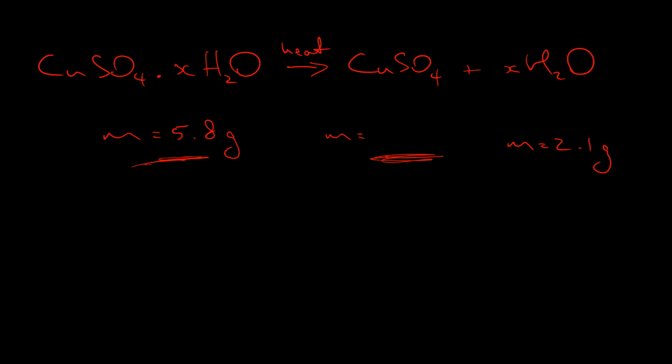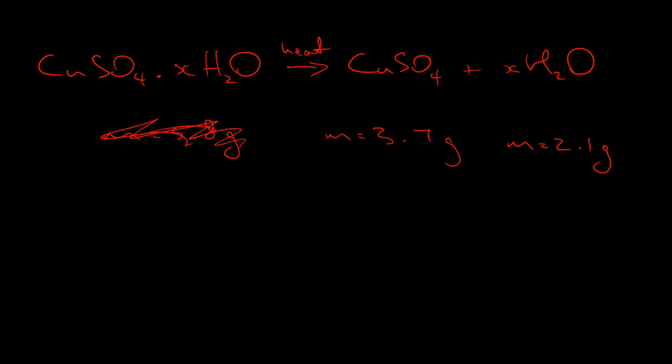So again, by a simple subtraction, I can take my 2.1 away from my 5.8 and come out with a mass of 3.7 grams of the anhydrous copper 2 sulfate. So this 5.8 grams, I don't need that anymore. These are the two masses now, the dry copper sulfate and the water. Those are the two masses that I'm going to be needing.